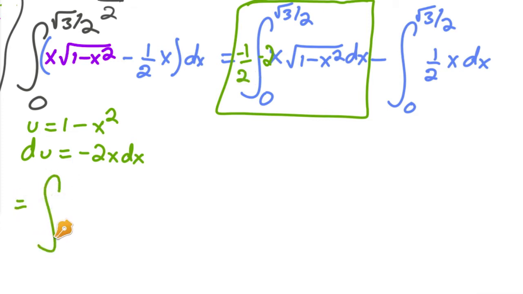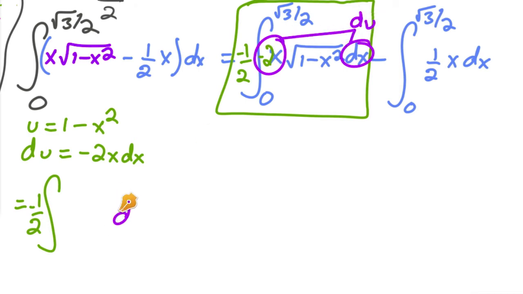I'm going to change the limits of integration, but I'll wait for a second. So minus 1/2 the integral of these right here, negative 2x dx. Those two give me du, and then square root of right here, this is u. So this is going to be u to the 1/2 instead of square root of u.